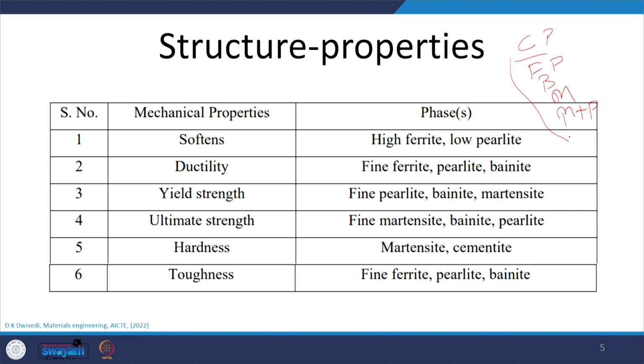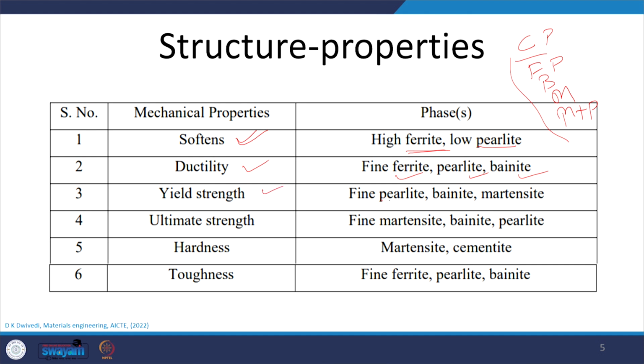So, depending upon the kind of phases which have been achieved and their proportions: high ferrite and low pearlite will result in a soft structure, that is, low strength, low hardness, high ductility. Fine pearlite, fine ferrite and fine bainitic structure will result in a very good combination of strength, toughness and ductility.